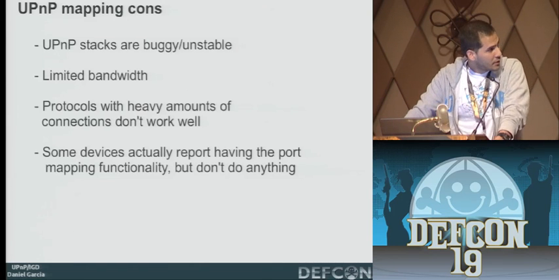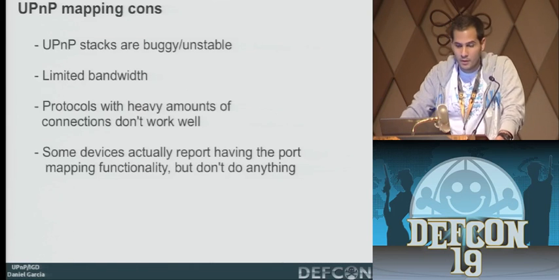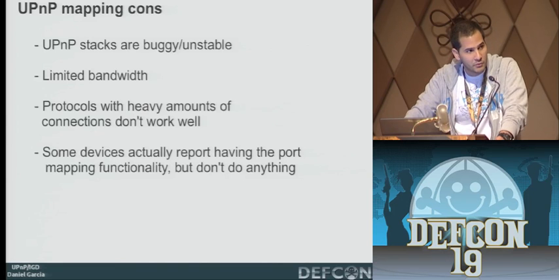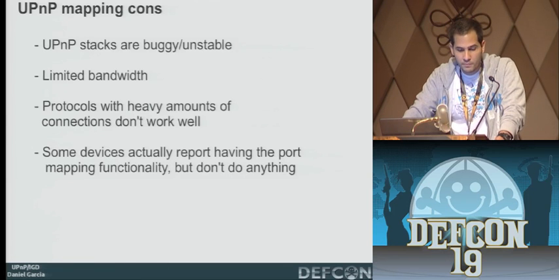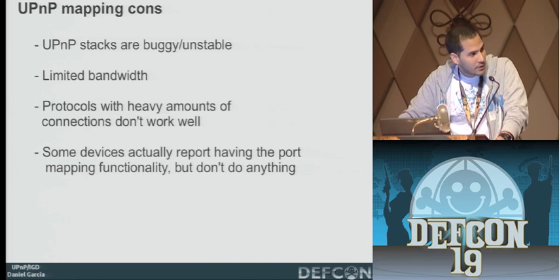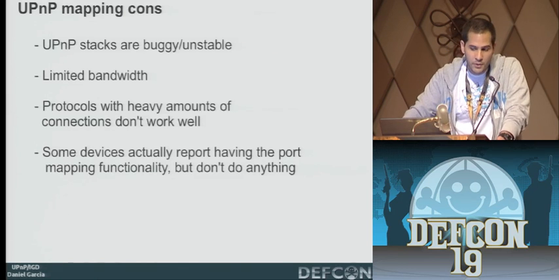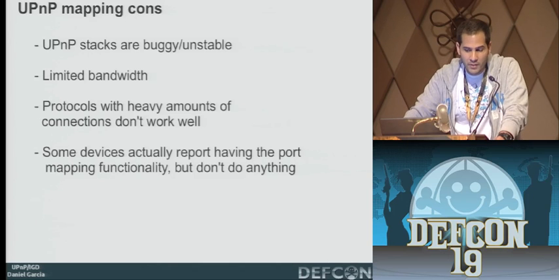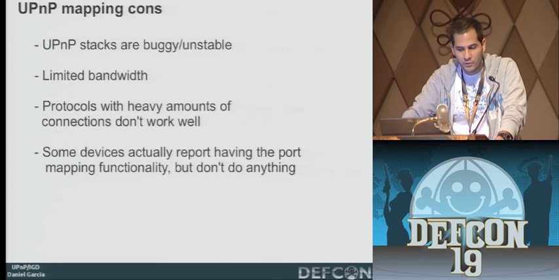So what are the cons with UPnP mapping? A lot. First of all, the UPnP stacks are buggy and unstable. It was kind of hard, or not that hard, programming UMAP. The one being distributed on the CDs is very buggy, so I would suggest just downloading the new version when I release it tonight on the site. But basically, UPnP stacks, even though they're supposed to be in a standard, they don't behave on the standard, and they have minor differences.